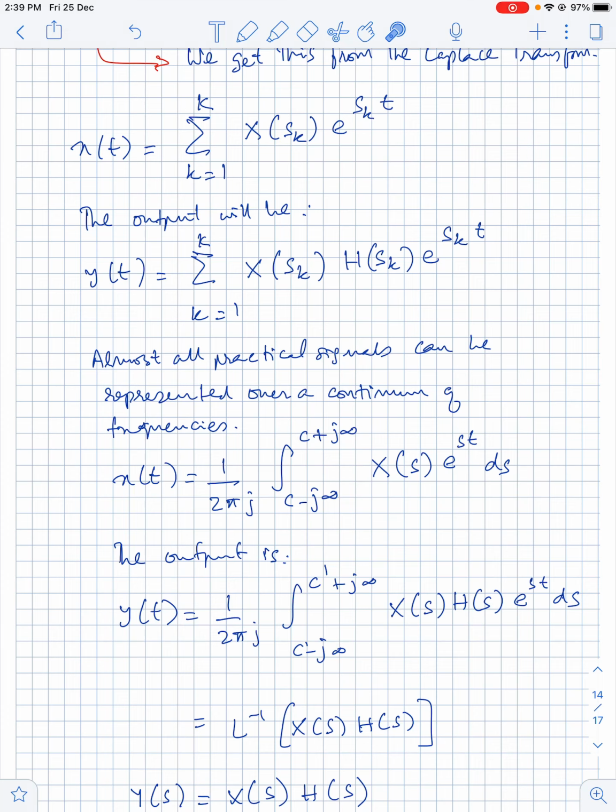So now you consider a continuous linear combination where X of s is the coefficient of the combination, and e raised to st is the complex exponential, continuously varying over s, right? So this is the linear combination which we use to represent x of t.